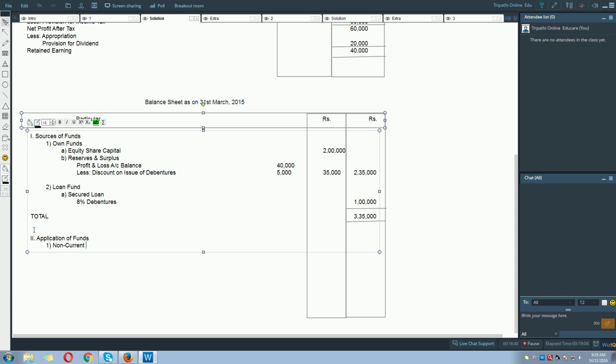Now we'll go for second, which is application of funds, and the first one is non-current assets. A will be fixed assets.